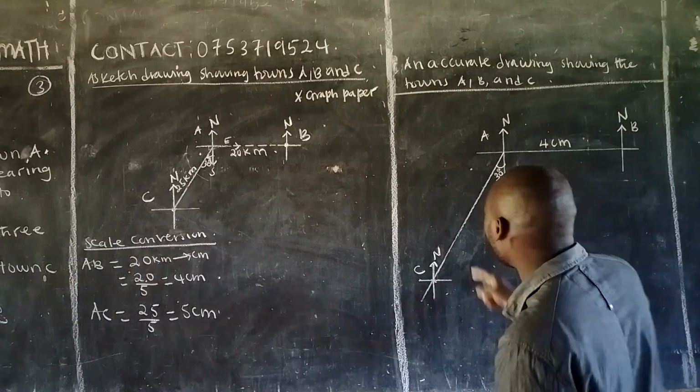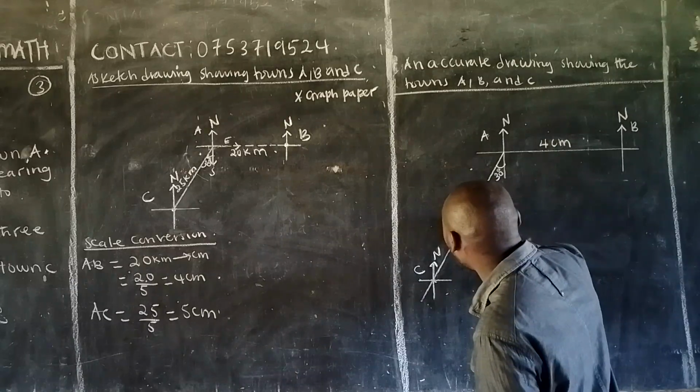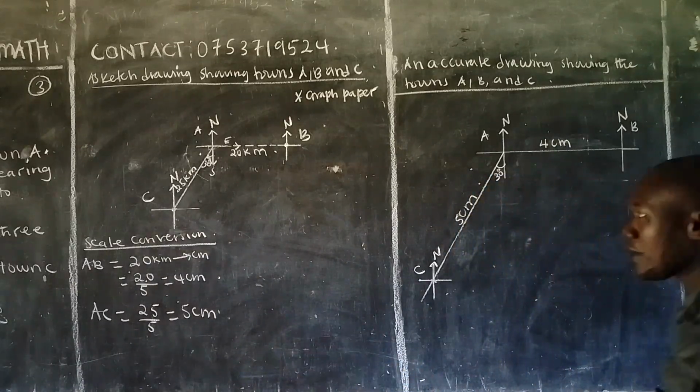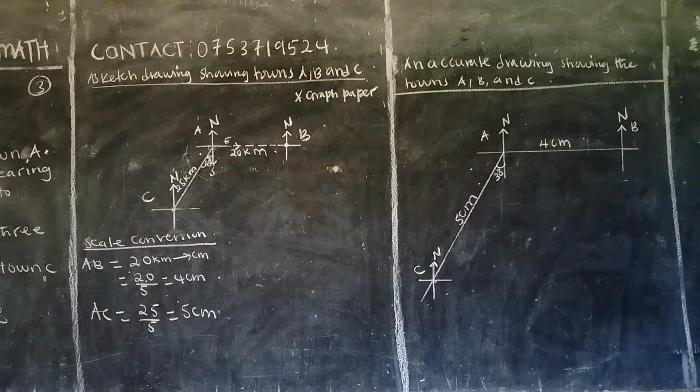Okay, good. But then, how many centimeters are here? These are 5 centimeters. Please, my ruler is a bit different from yours. They may appear big here, but with yours, it must be genuinely that. So, you measure the real 5 centimeters.